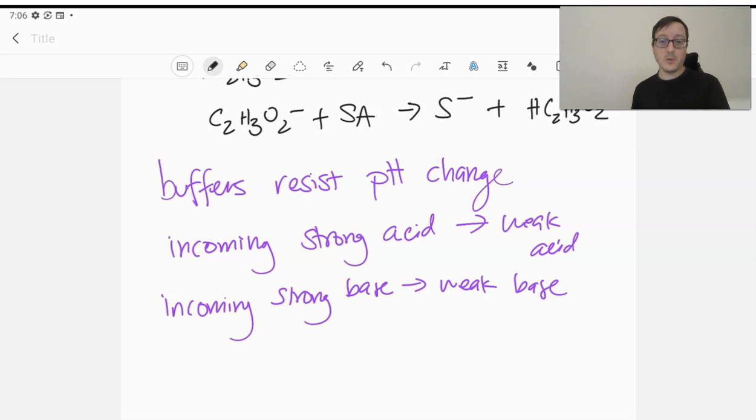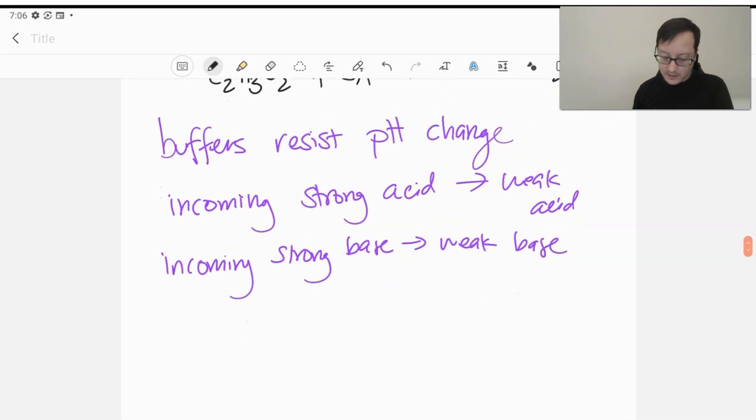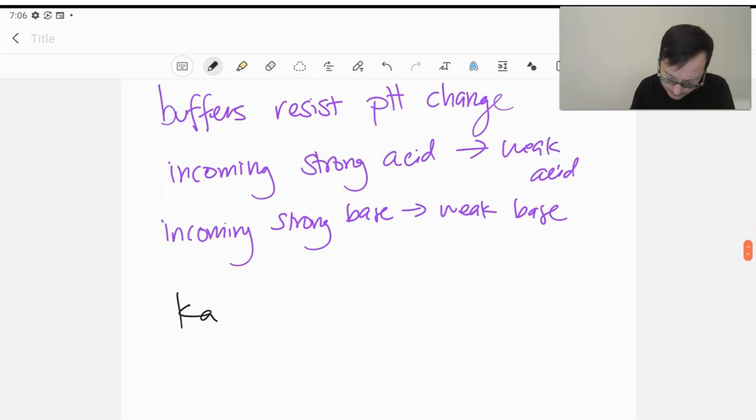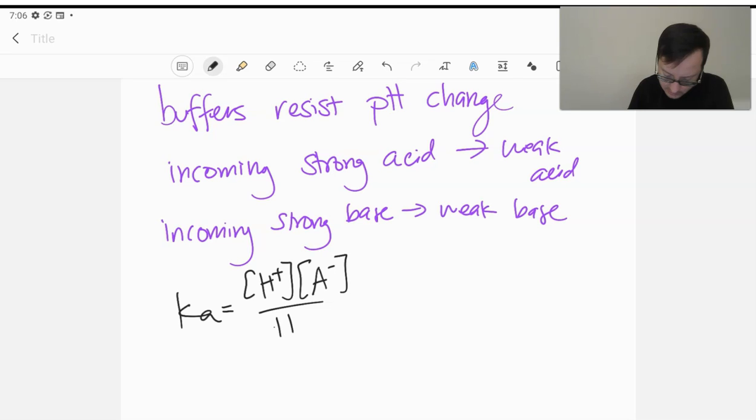If we wanted to put our Ka together with our understanding of Kw, we can write it out. Remember that Ka is H plus times A minus over HA, the equilibrium expression.